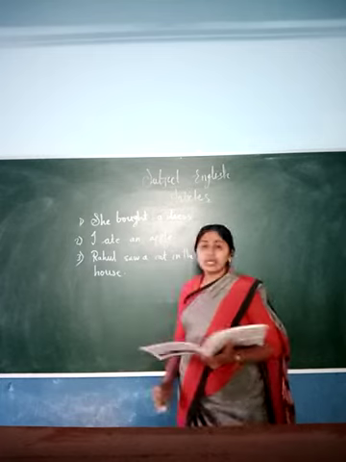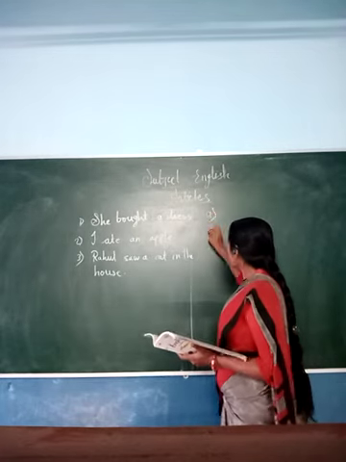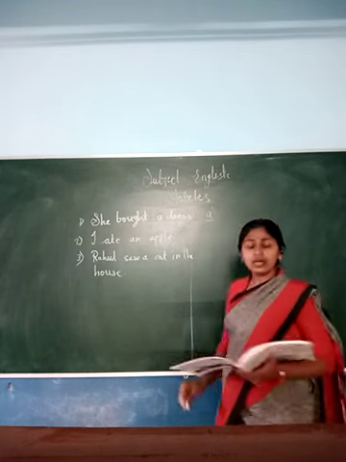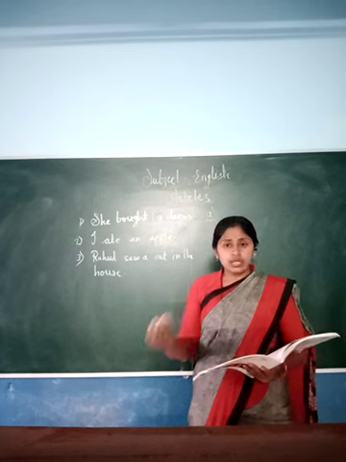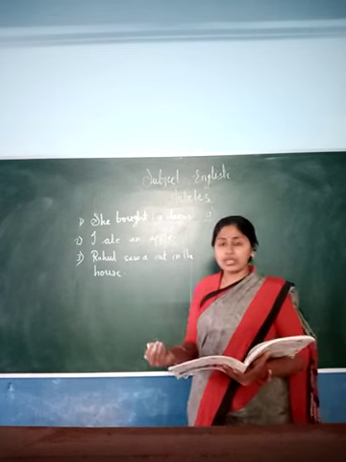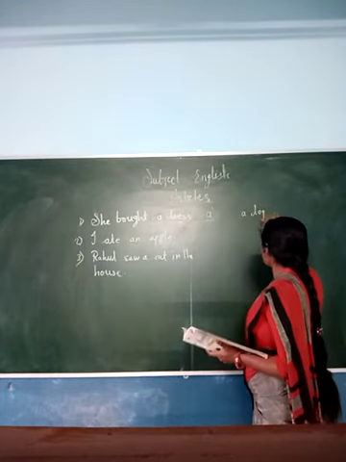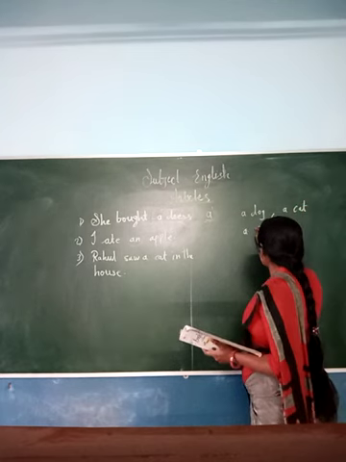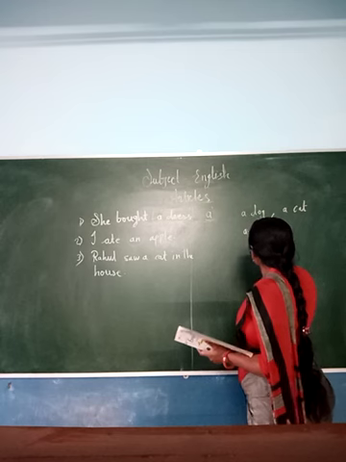Okay, but there is difference. When should we use a article? A article we should use before the consonant sound. Before the singular common noun, it comes, such as a dog, a cat, a chair.